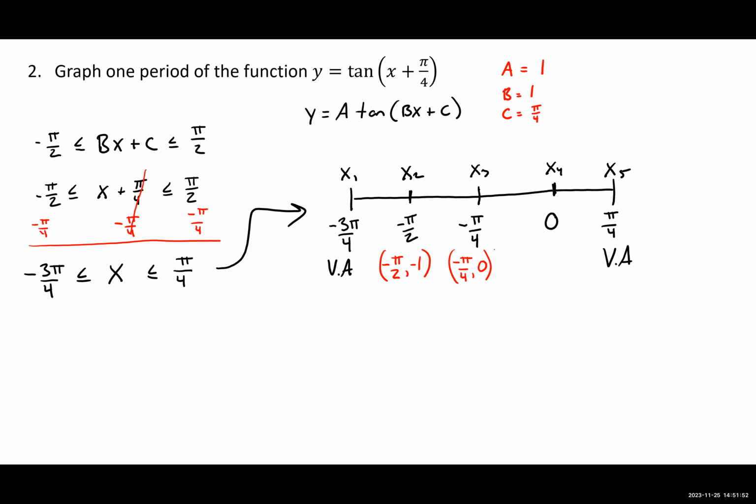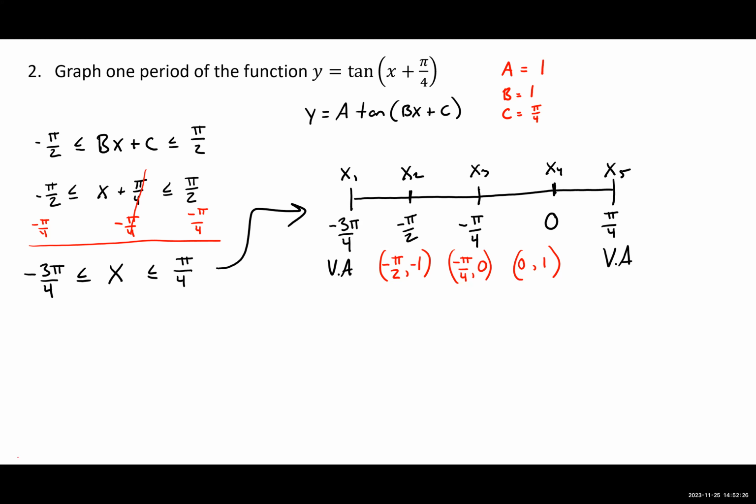We're not calculating these y values. We're just using the values of a, b, and c. And then x4 comma positive a, so 0 comma positive 1. So we've got 2 vertical asymptotes, 3 points, and we know the shape of the graph between those 2 vertical asymptotes.